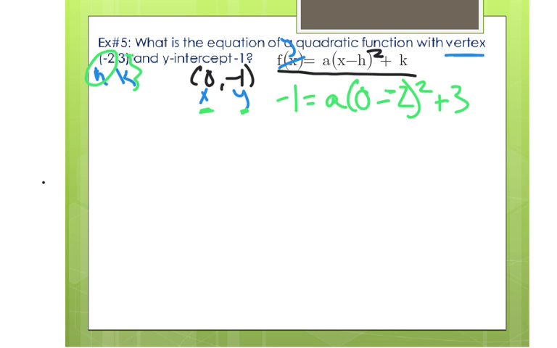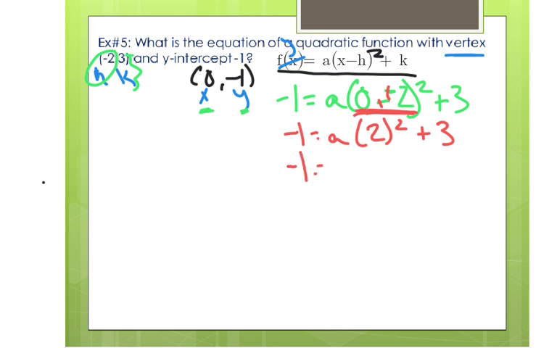So now we can just solve that for a. Let's do what's inside the parentheses first. So bring down this -1 equals a, parenthesis, 0 minus -2, that's the same as adding 2. That becomes 2 squared plus 3.